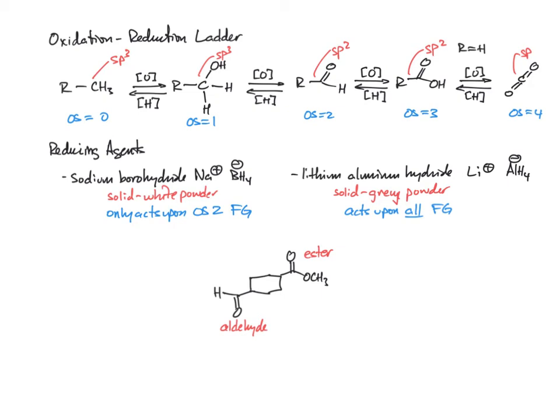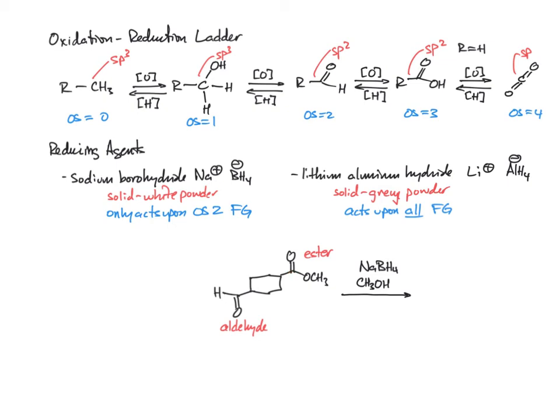So say this way, going to the right, we're treating this molecule with sodium borohydride, and sodium borohydride is typically run in a polar protic solvent, such as methanol. So we said up here, sodium borohydride only acts upon oxidation state 2 functional groups.